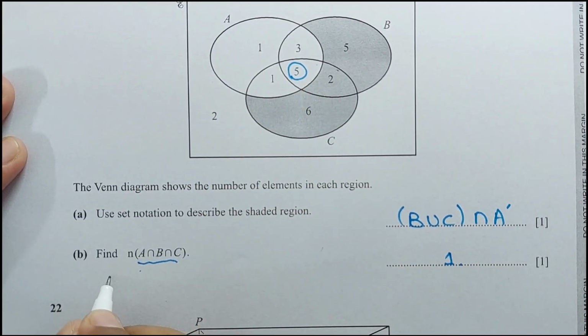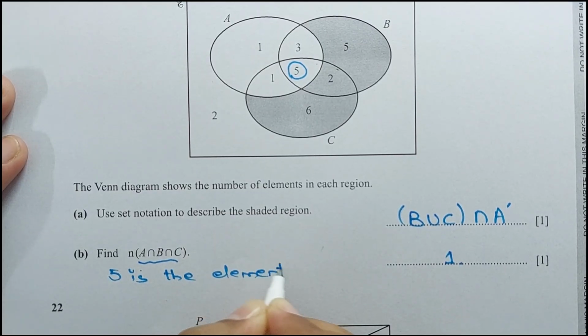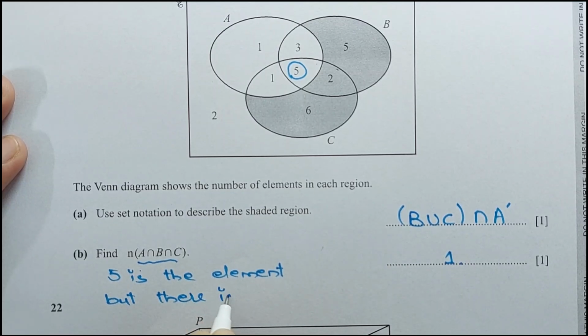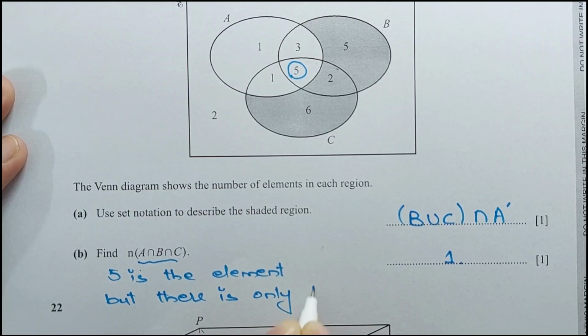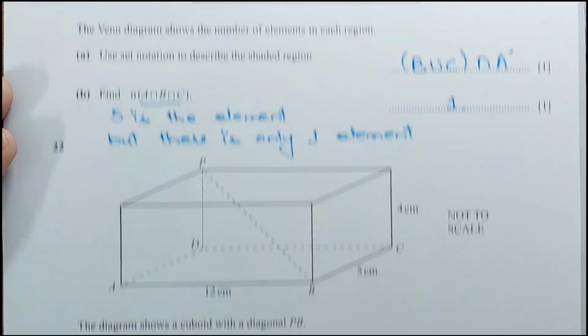There must be a mistake. 5 is the element in the intersection of the three sets, but there is only one element.